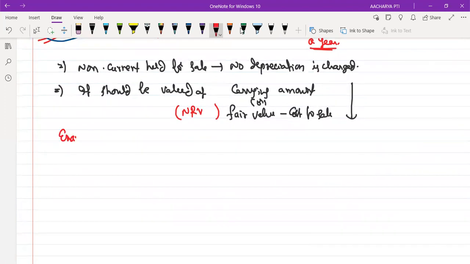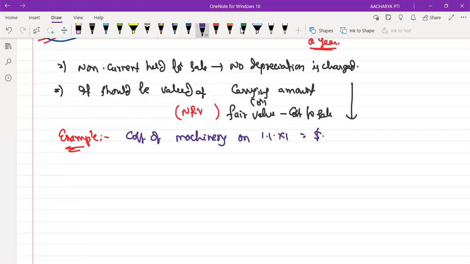For example, the cost of the machinery on 1/1/20X1 is 10 lakhs. Its useful life is 10 years.